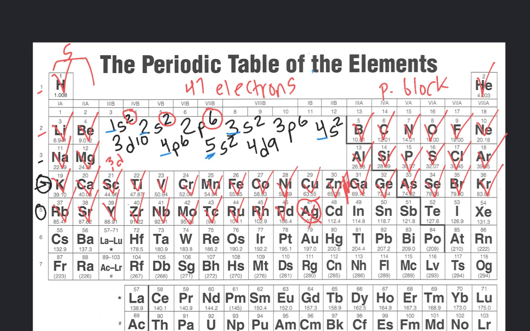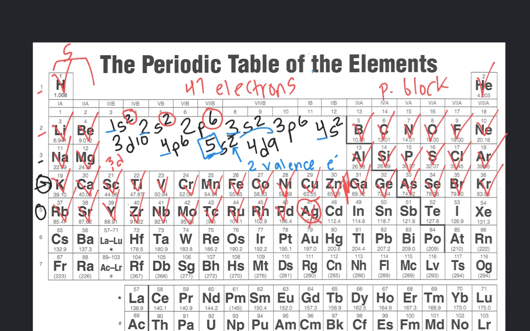So the highest energy level is a 5, which means the fifth energy level away from the nucleus is where these two electrons are located, and that's the farthest away because everybody else is 4, 3, 2, or 1. So right here we see that silver in this scenario has 2 valence electrons.